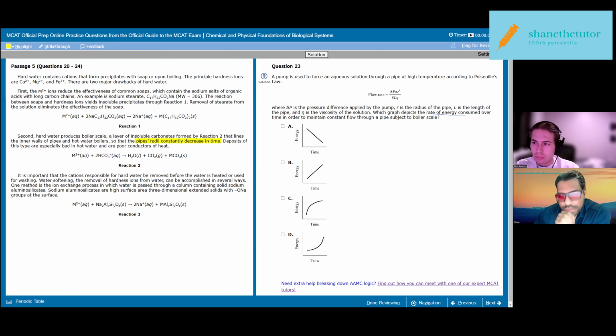Oh, there's PV work, right? I'm trying to find ways to find energy from Poiseuille's equation, and I know there's PV work.